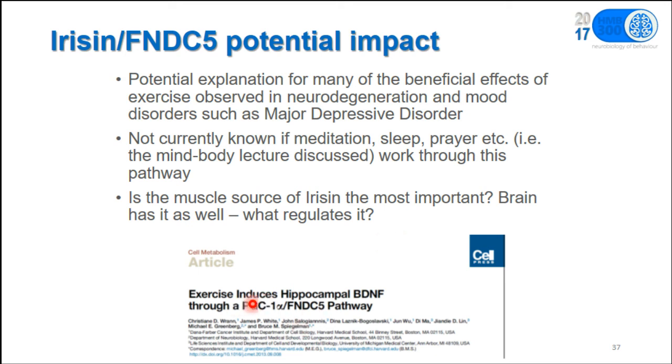And this PGC1 alpha FNDC5 pathway, as it was published in Cell and in other journals, actually was thought to be really important. And we're going to come back to talk about different aspects of mind, body, and other factors later on. But we're going to see that this potentially was the answer to everything that people were looking for.